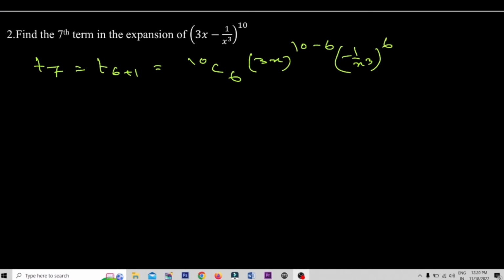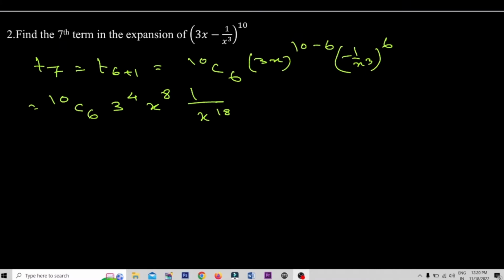Therefore, if we calculate the terms, we are getting here 10C6, 3 to the power 4 x to the power 8, if we separate 1 by x to the power 18, and since the even term is there whole to the power 6, so minus 1 to the power 6 is 1.